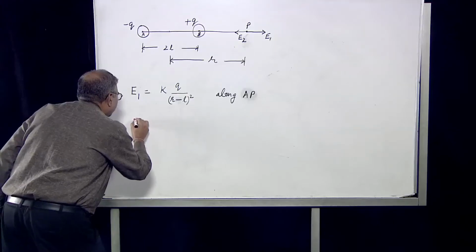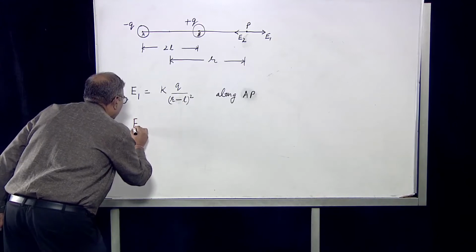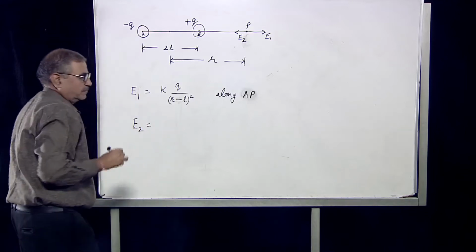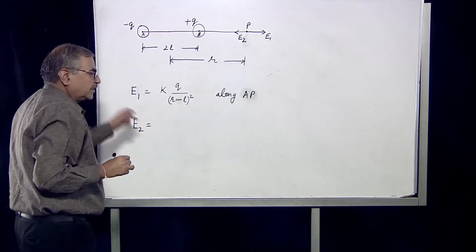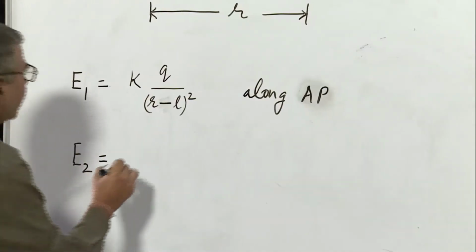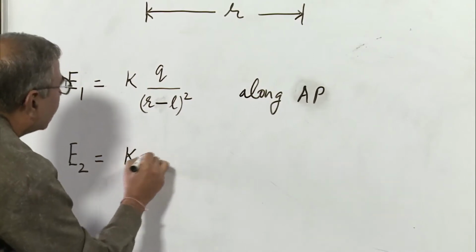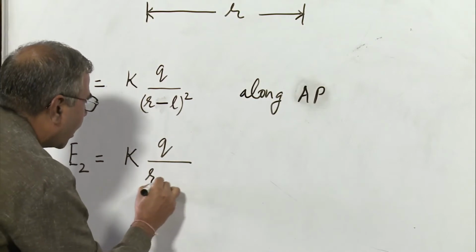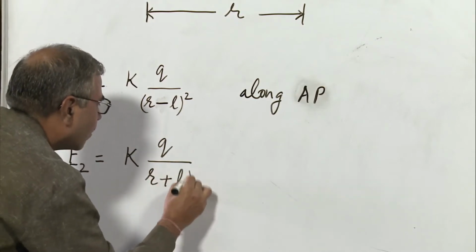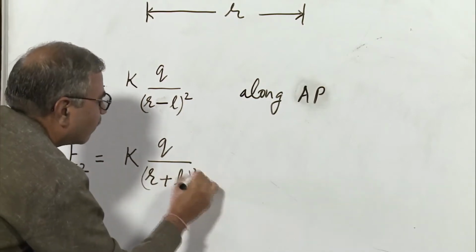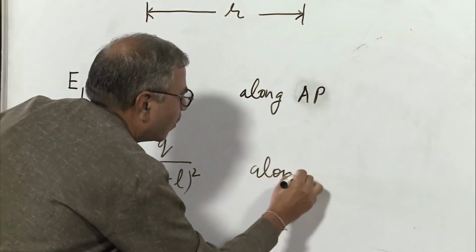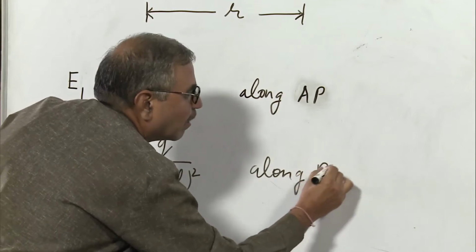Now, the field at point P due to the negative charge. Let us represent it with E2. It will be equal to K Q upon R plus L whole square, and its direction will be along PA.